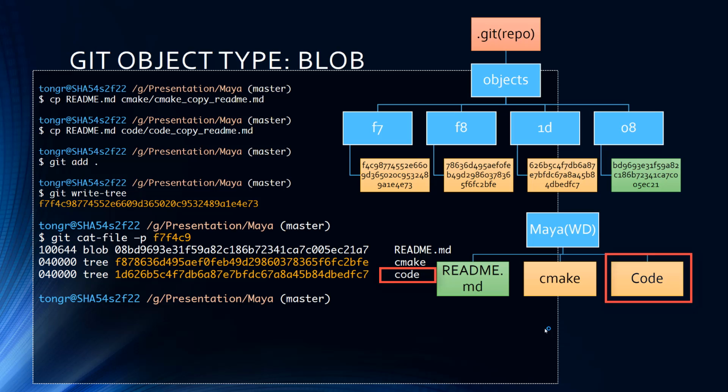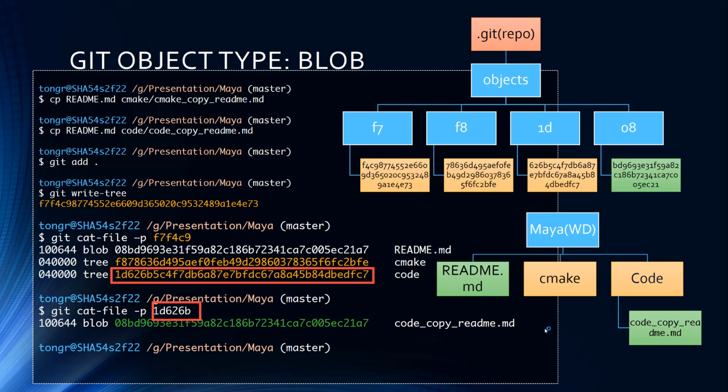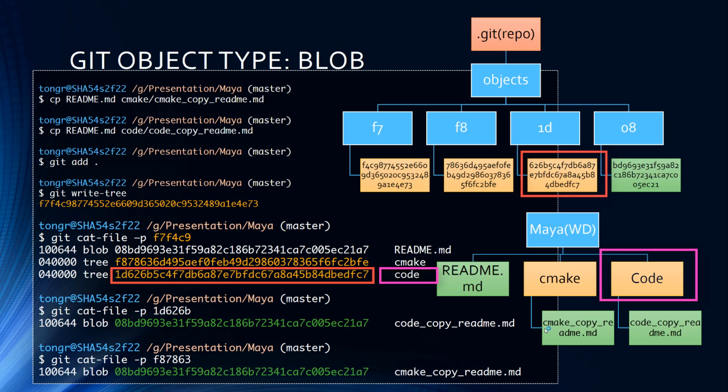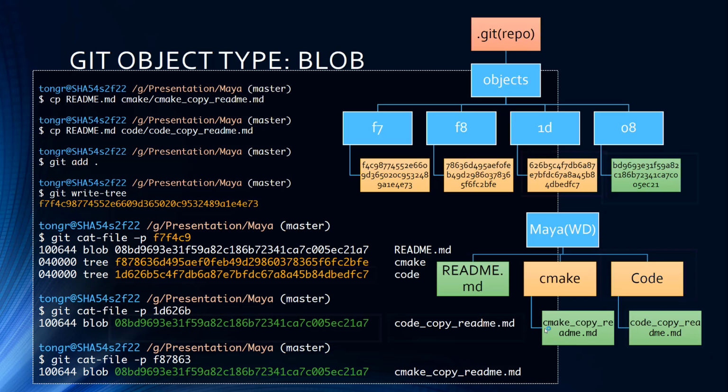We can find that there is a file named code copy readme.md under the tree, as the tree represents the code directory on the working directory. So here it means we have a file code copy readme.md under the Maya code folder, and the content of the file could be retrieved from the blob 08bd96 in Git repository. And the same to the tree 1d626b.